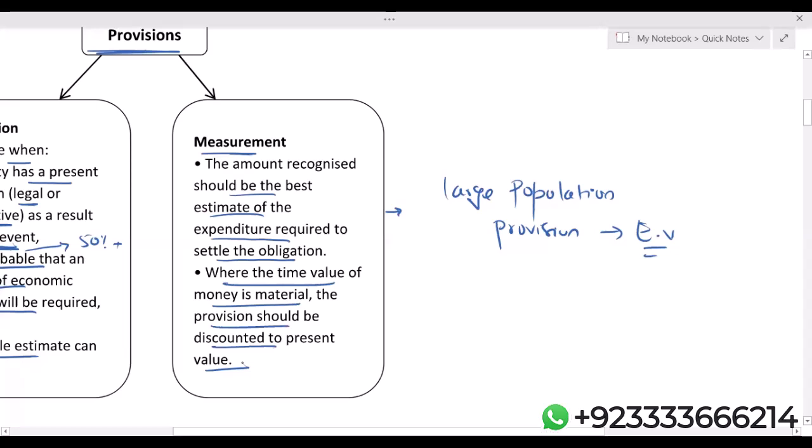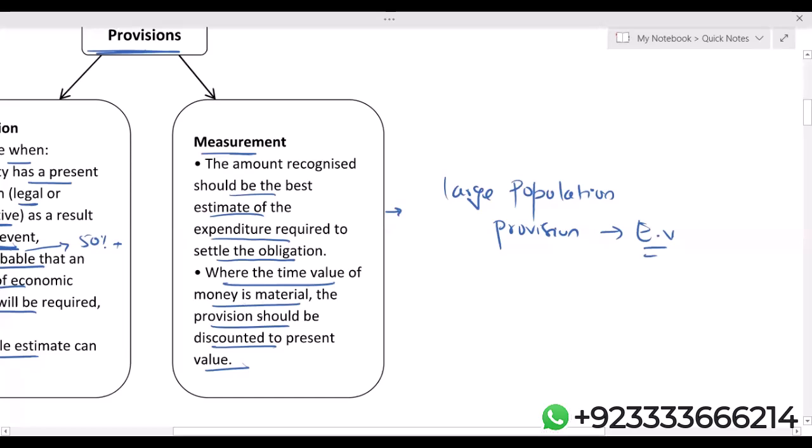So where the time value of money is material, for example, if we have to bear the cost after 12 months, then you should be calculating the provision on the basis of present values. Even in the exam, if there's a gap of 6 months, you should still calculate the provision on the basis of present values. IAS 37 has not exactly mentioned how many months make the time value of money material.